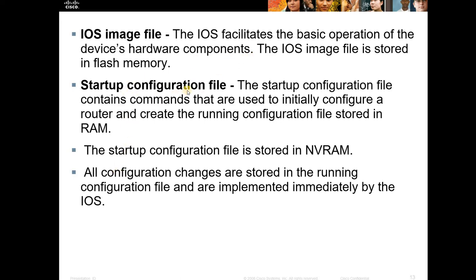The startup configuration file contains commands that are used to initially configure a router or a switch and create the running configuration file, which is stored in the RAM. The startup configuration file is stored in the NVRAM, non-volatile RAM. All configuration changes are stored in the running configuration file and are implemented immediately by the IOS.